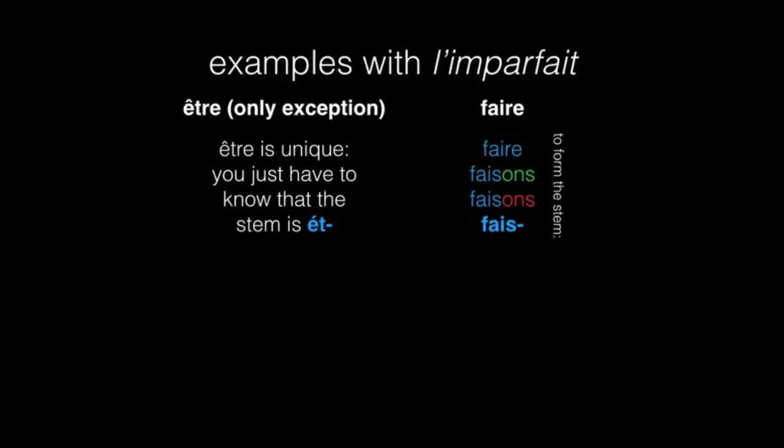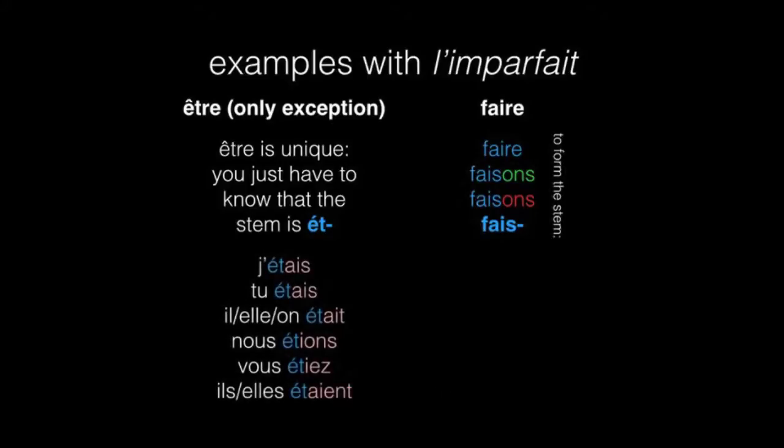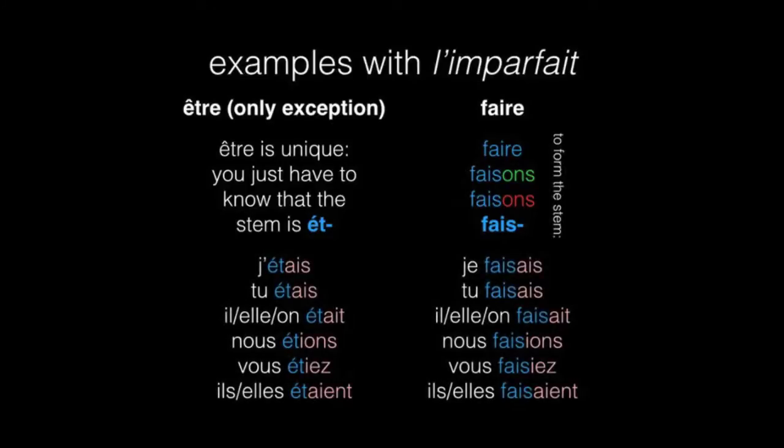Être is unique, you just have to know that it's é accent aigu t, but faire, you conjugate to the nous form and then delete that ons to make fais your stem, and just like that, you just add your endings, and that's just how you do it. Alright, we're done with part 2 already. I know that was quick compared to part 1, right? That's because the imperfect tense in general is fairly easy and short.